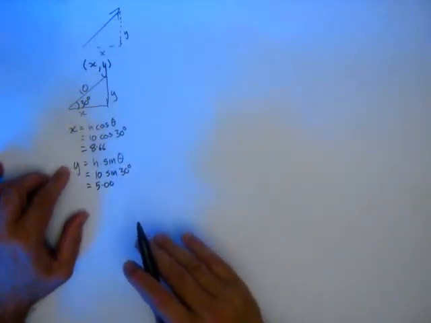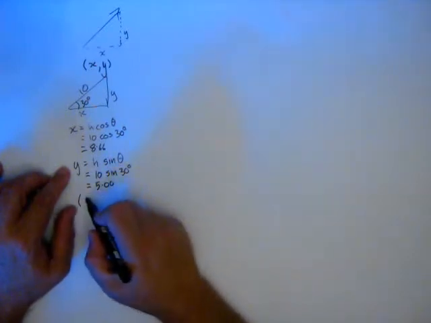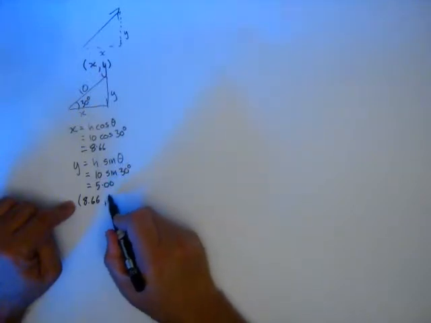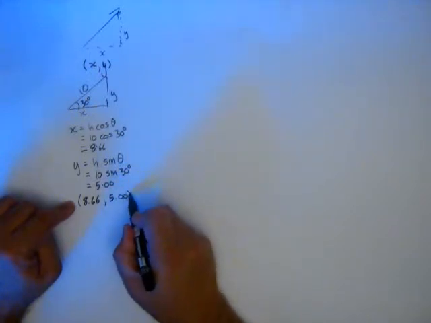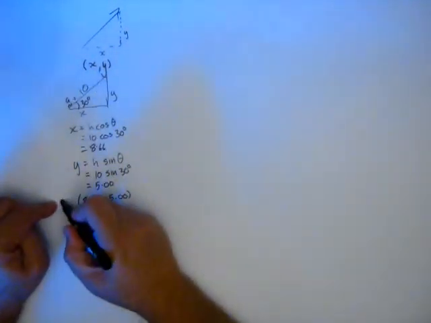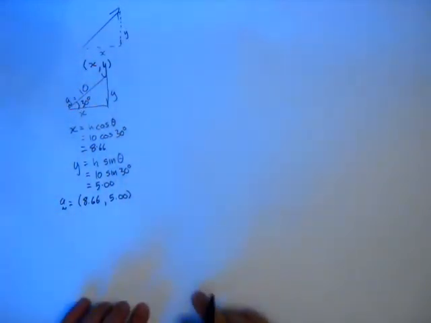Now, when we write an ordered pair, the x bit always goes first: 8.66, comma, 5.00. So if this is vector A, then A equals that, and this is a perfectly valid form of writing down a vector.